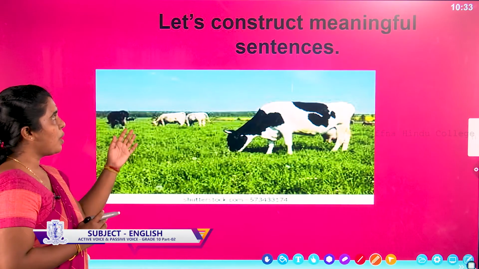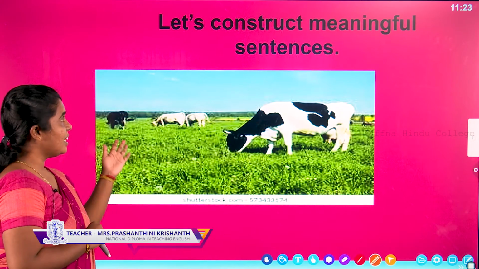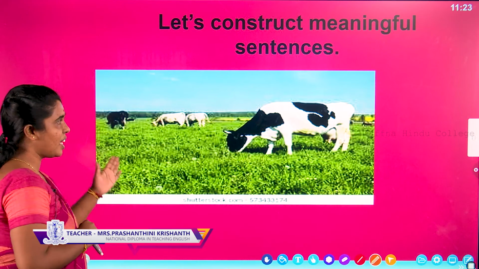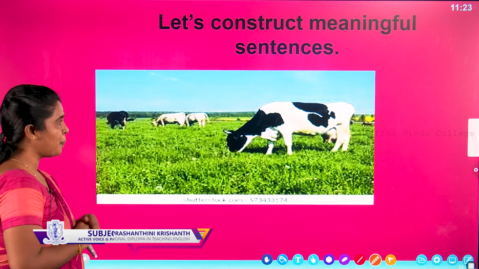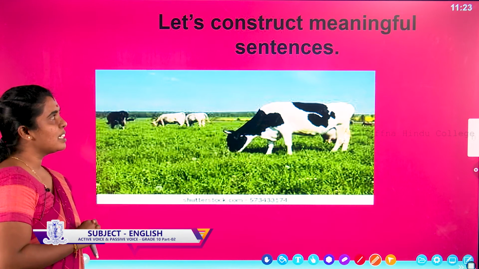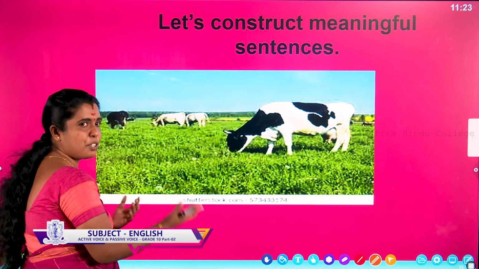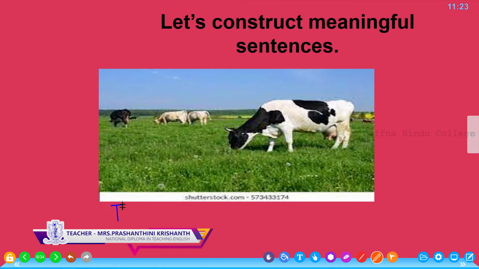Okay, next one, let's do an activity. Let's construct meaningful sentences, right? So this is a picture for you. We are going to make simple sentences. We should take the subject first, right? The cows. This is plural, so we have to use the helping verb were, right?